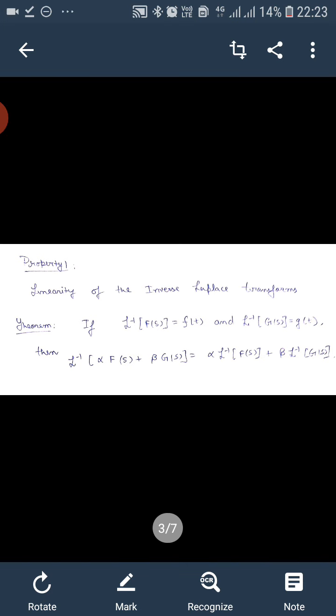If the inverse Laplace transform of F(s) is equal to f(t), and the inverse Laplace transform of another function G(s) is equal to g(t), then the inverse Laplace transform of alpha times F(s) plus beta times G(s) is equal to alpha times the inverse Laplace transform of F(s) plus beta times the inverse Laplace transform of G(s). That means the inverse Laplace transform is a linear operator, where alpha and beta are constants.